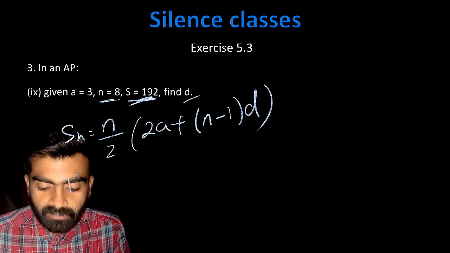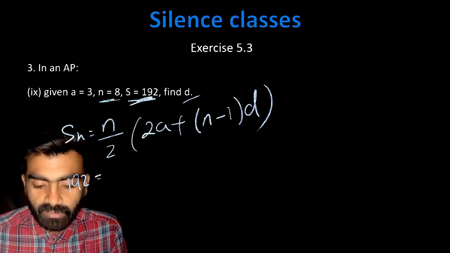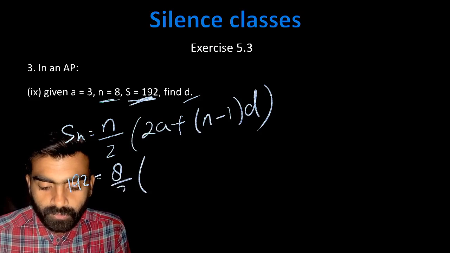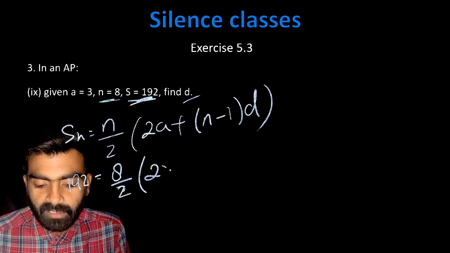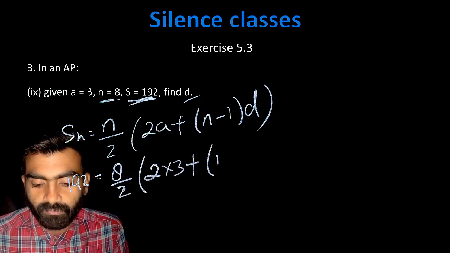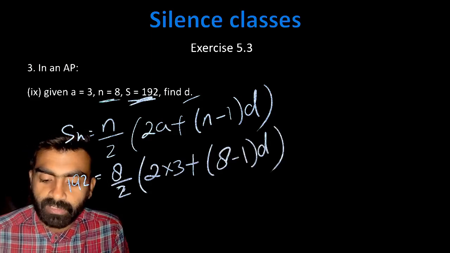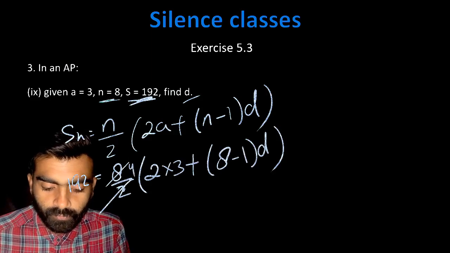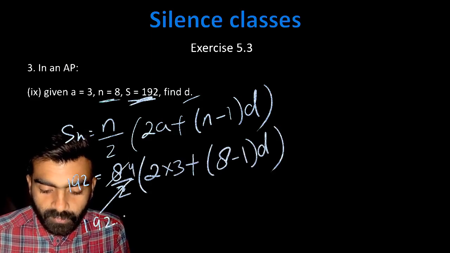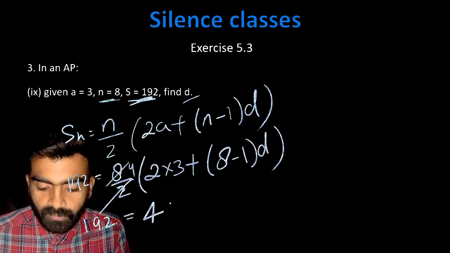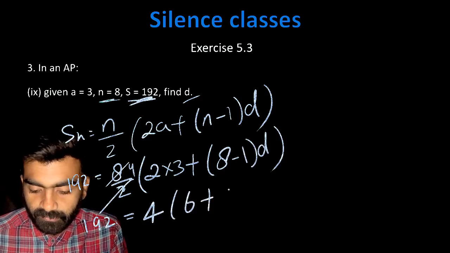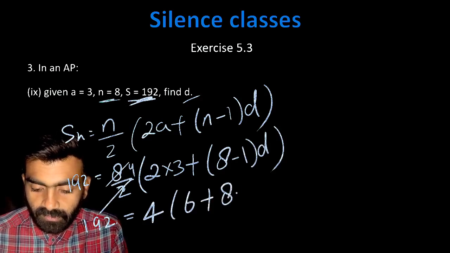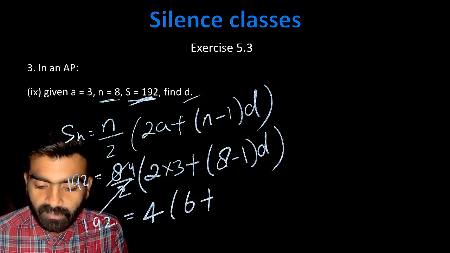Sn we have, that is 192, equals n, which is 8, upon 2, times 2 multiplied by a, which is 3, plus n minus 1, that is 8 minus 1, and d we have to find. So 2 ones are 2, 2 fours are 8, and 192 equals 4 times, 3 twos are 6, plus 8d minus, or we can say 8 minus 7, 7d.